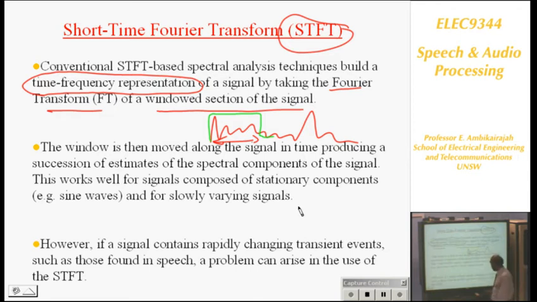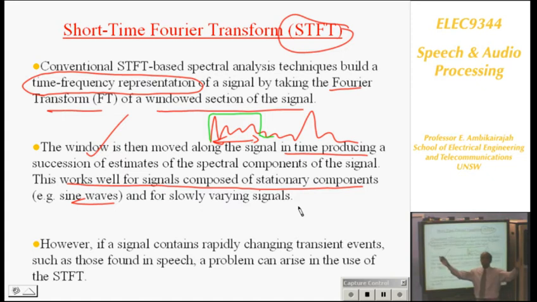Normally the window is moved along the signal in time, and then you analyze the spectral components. This works very well for signals composed of stationary components like a sine waveform. There's no problem. You can have a very large window because it does not vary that much. But if you take a signal which varies very rapidly, then we've got a problem. We can't use a fixed window.